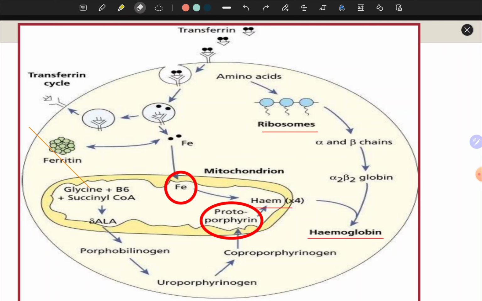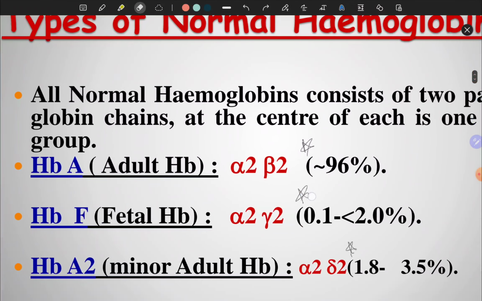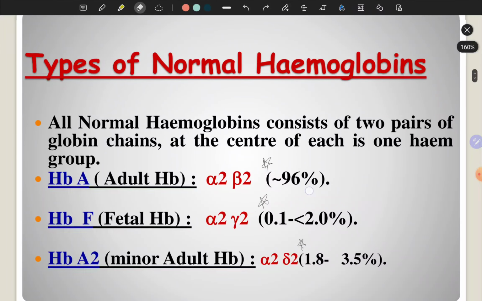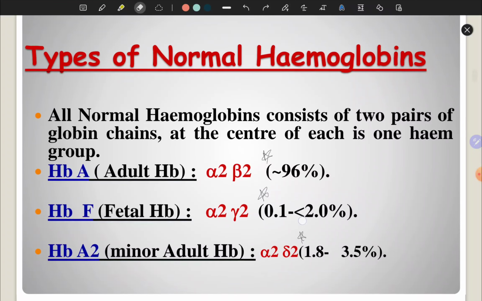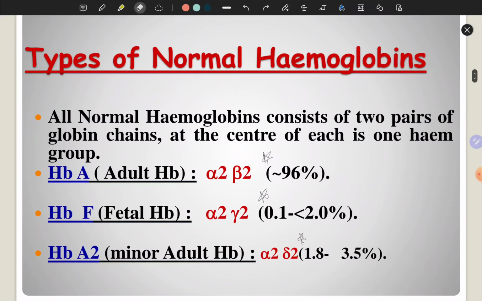Now, the names of the chains: I don't know if you want to memorize them, it's for your sake, but what is important is to know that hemoglobin is alpha 2 beta 2, two alpha chains and two beta chains. The chains are different. When the beta is gamma, this is fetal hemoglobin, and when the beta is delta, this is hemoglobin A2.